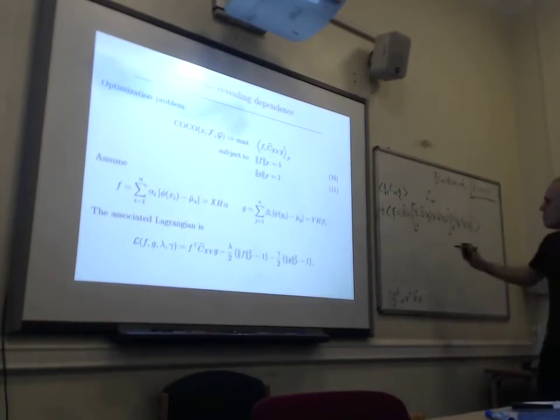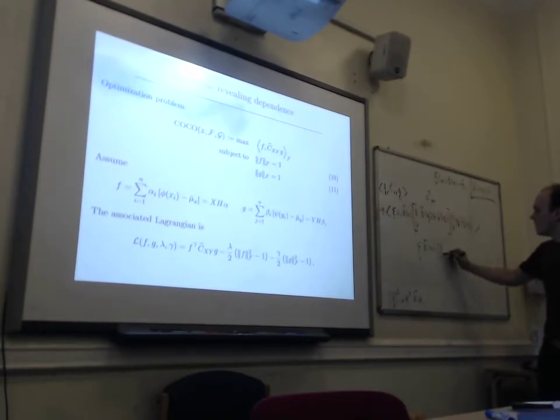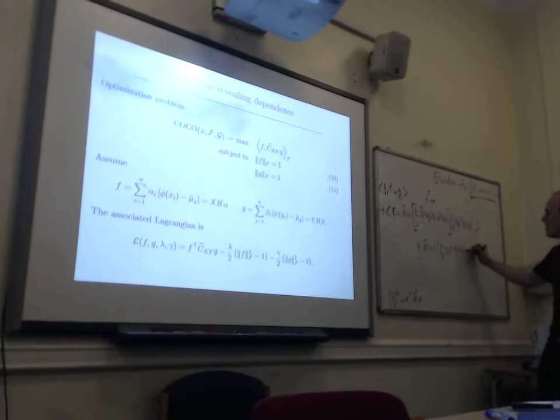So what you're going to get here is basically sum over j of d xj, and then sum over L, beta L, times d yj and d yl. Okay, these are all kernel matrices.